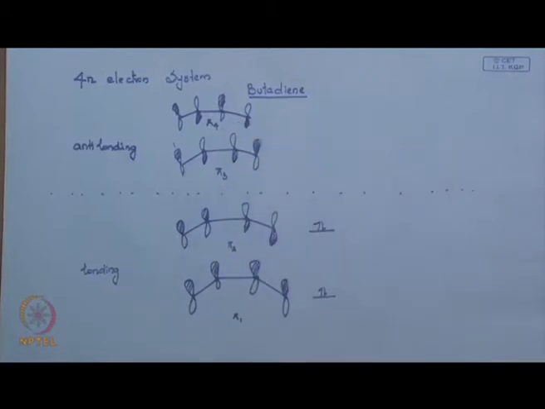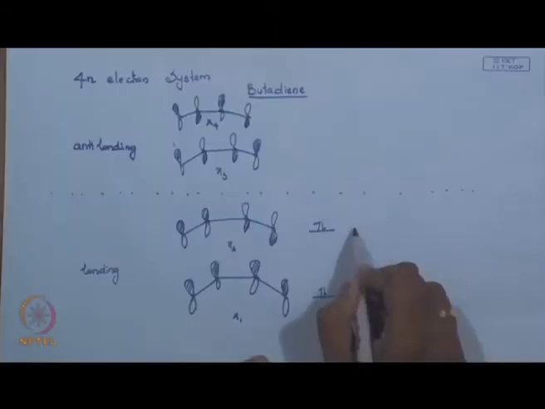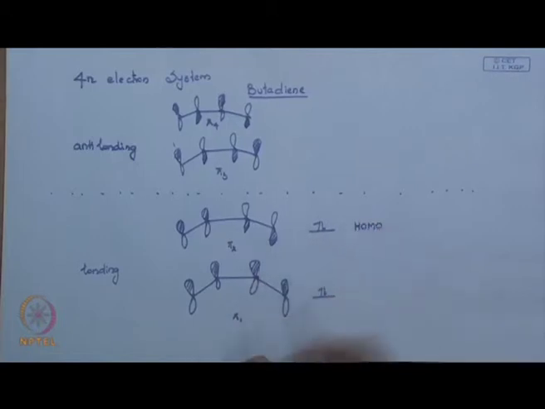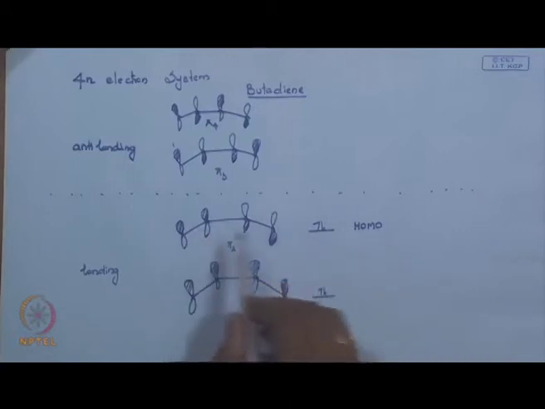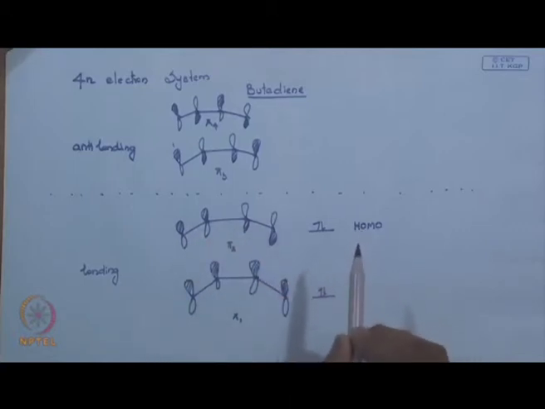The thing which you have to carefully notice is your pi 2 system and your pi 3 system. Your pi 2 system is nothing but your HOMO, highest occupied molecular orbital. Whenever I talk about the pericyclic reaction in thermal condition, the HOMO of your butadiene should come into picture.